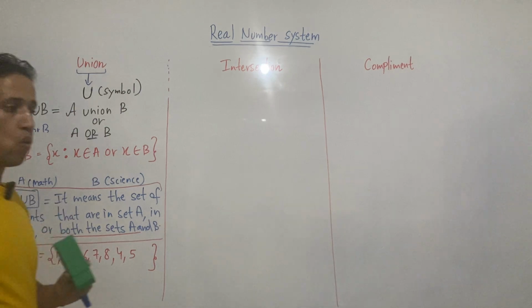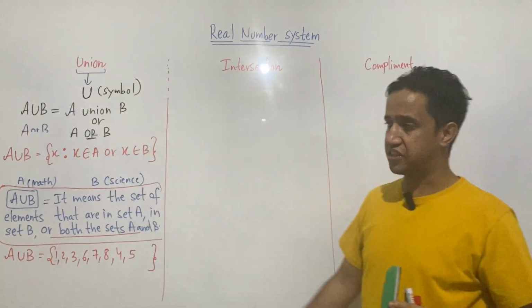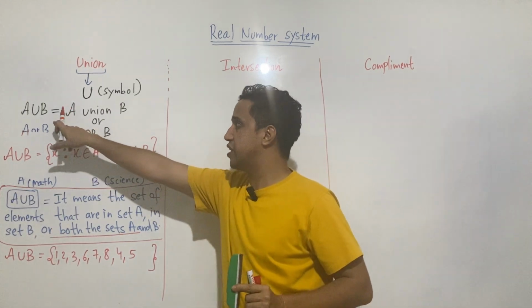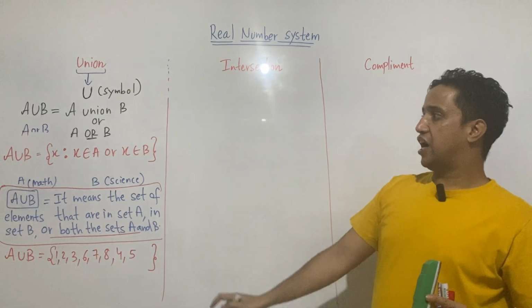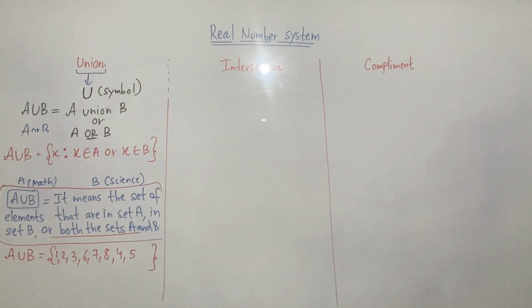So that is what union means. I hope this is clear to you. It is very easy. So here this union means OR. Now let's switch over to the next one, that is intersection.